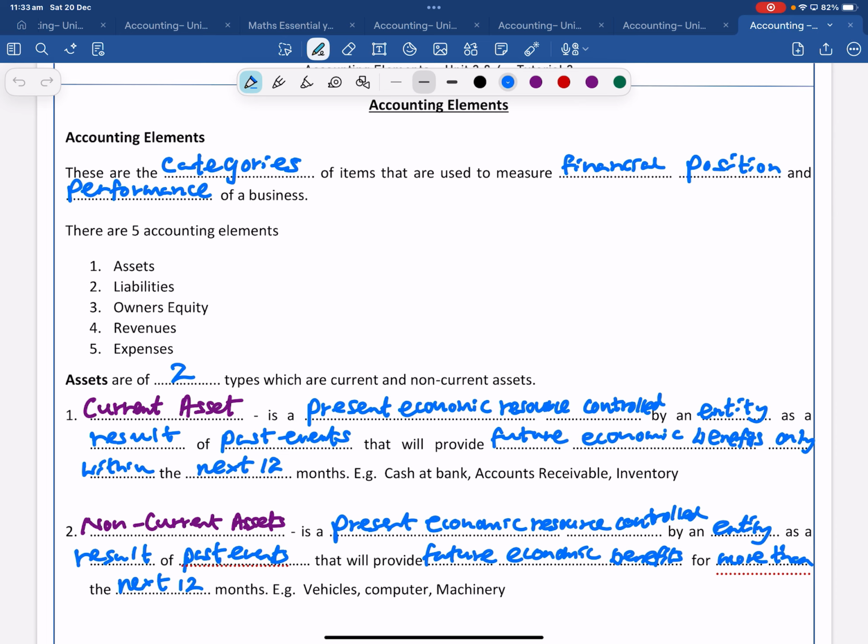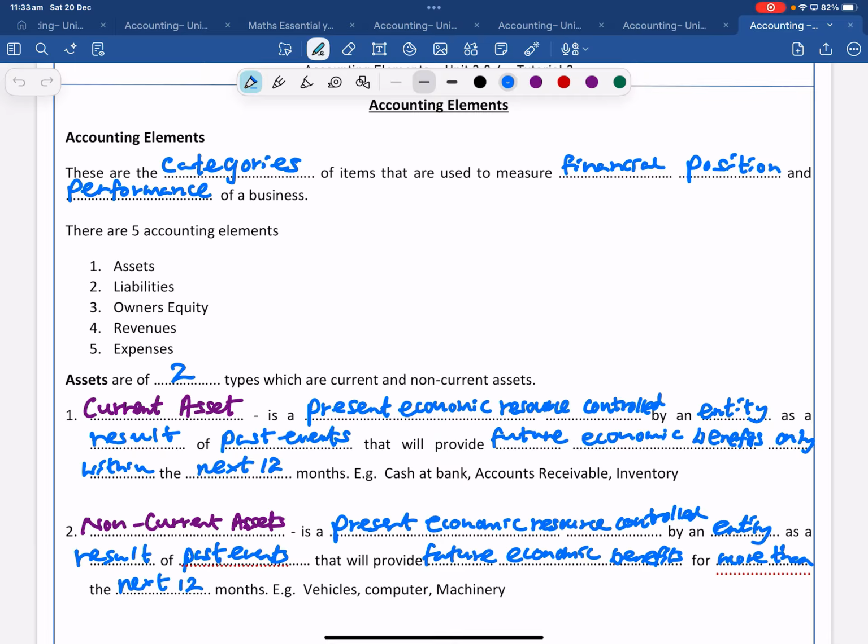Right? So accounting elements means, guys, let's say all the items or any item that you come across in any business, that you can imagine or that you have experience with, we can subdivide into these 5 categories, guys.